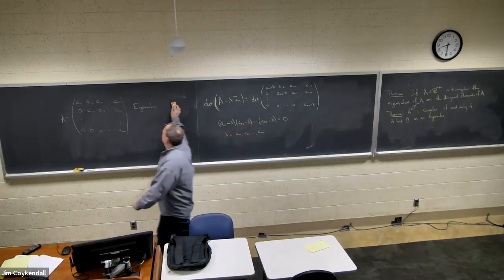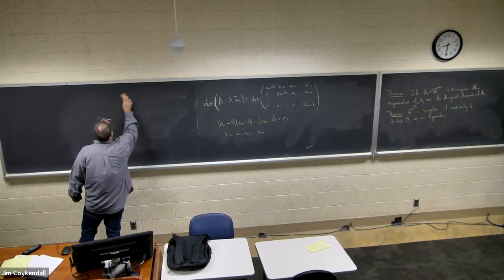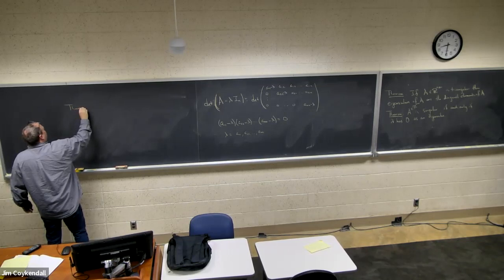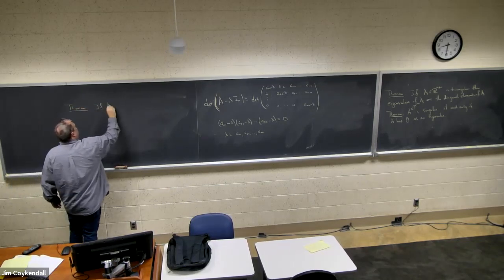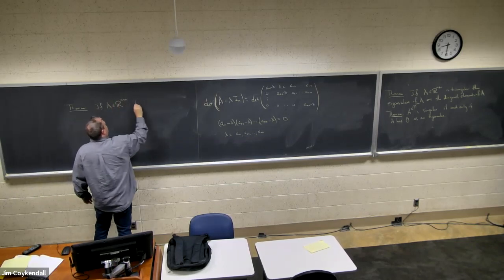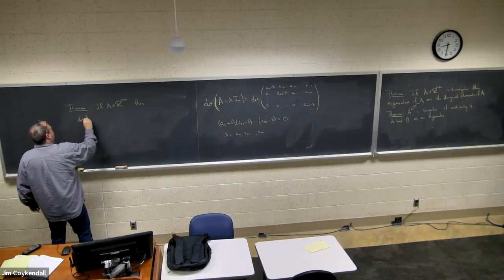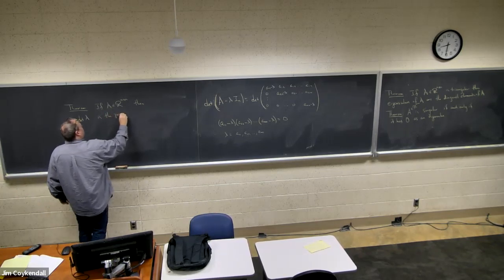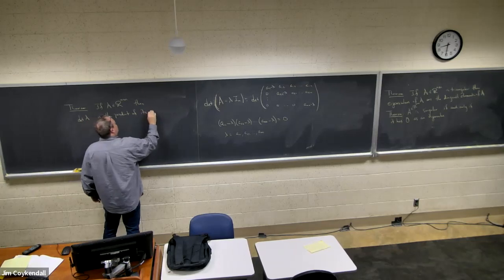Here's another one. If A is a square matrix, the determinant of A is the product of its eigenvalues.